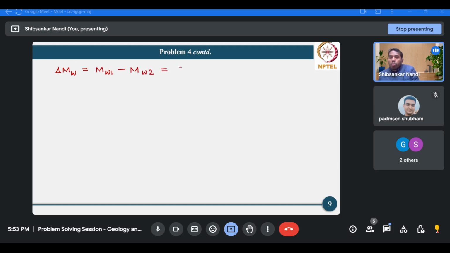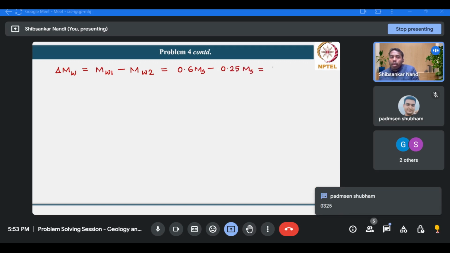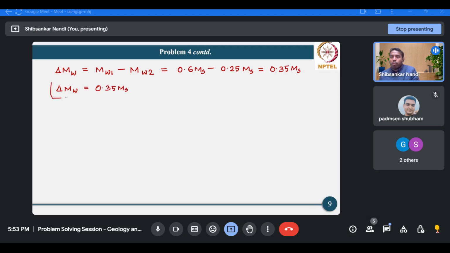What is mw1? 0.6 times ms. And what is mw2? 0.25 times ms. Finally, 0.35 times ms. So this is the reduction in the mass of water.